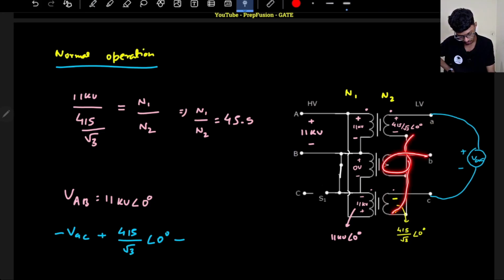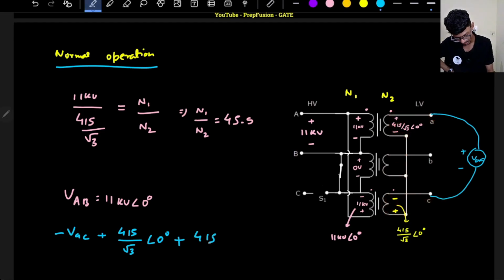I don't need to go to here, I will directly go here. I will come from here and encounter the plus sign first. Then I will come here again and again encounter the plus sign first, then I will end. So it will be not minus, plus 415 by root 3 angle 0. This will be equal to 0.